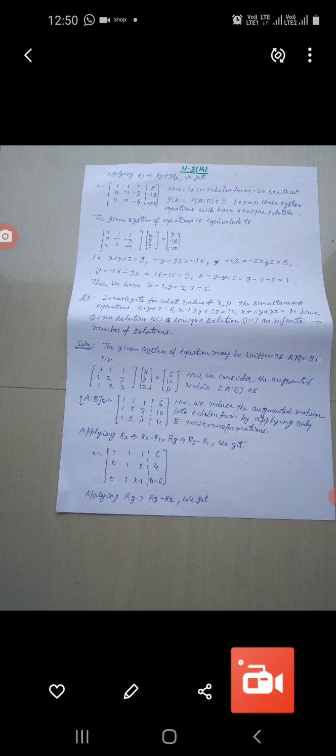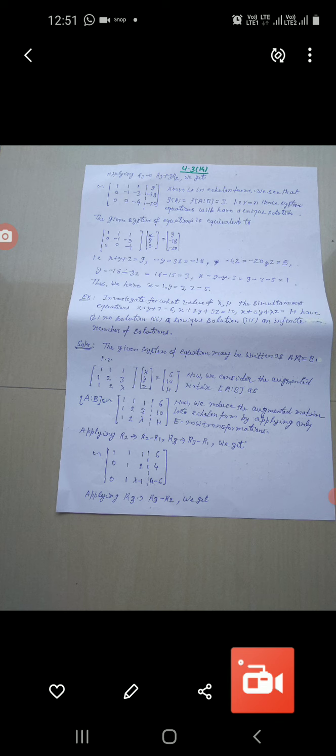Now applying R3 as R3 plus 3R2, you will get AB is equivalent to 1 1 1 9, then 0 minus 1 minus 3 minus 18, and in the third row 0 0 minus 4 and minus 20.